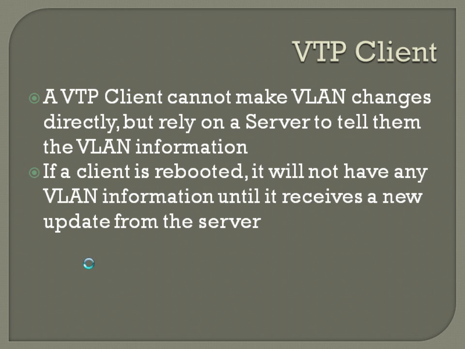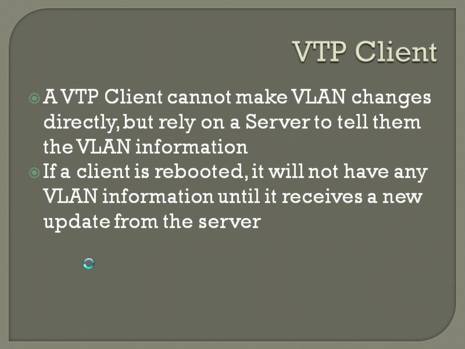You can't configure them for VLAN changes, or well, you can actually configure them for VLAN changes, but they're not going to hold it. And as soon as the server sends out another revision update, they're just going to take that information instead. So all of your changes globally for that switch network, you should be making on a server so that it can propagate those changes out to the individual clients.